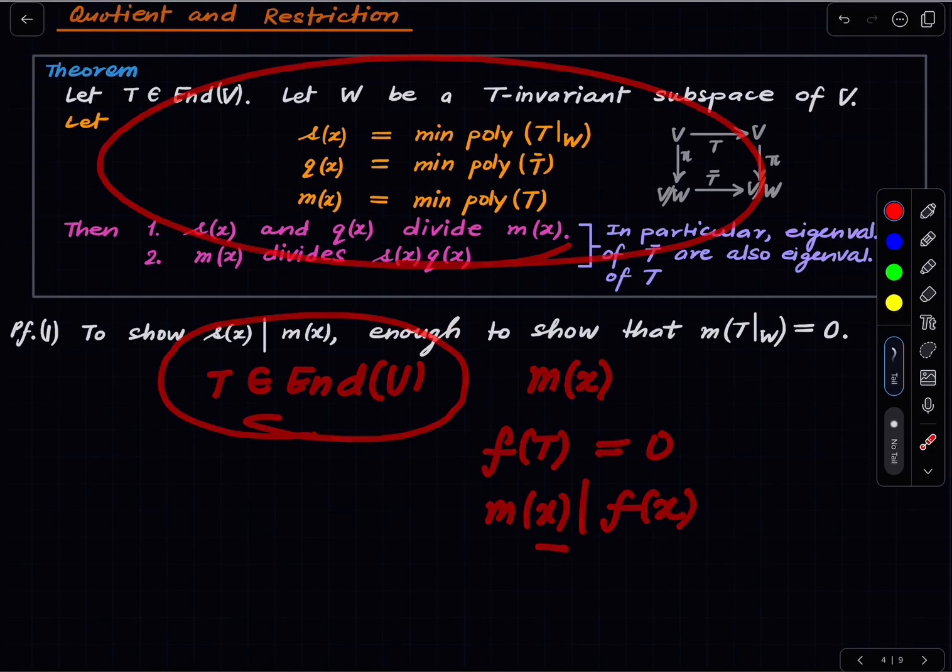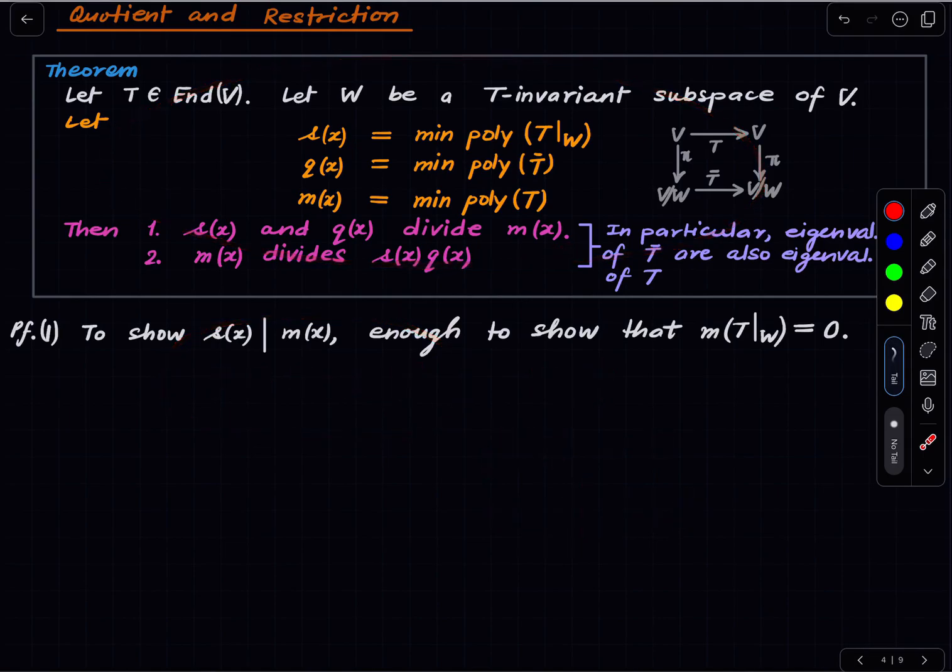We proved this. So to prove that the minimal polynomial of the restriction divides something, this is as of now something, this is the minimal polynomial of T, but in context it is just some polynomial. It is enough, or equivalent, to show that the substitution of the restriction in place of x in M leads to the 0 endomorphism.